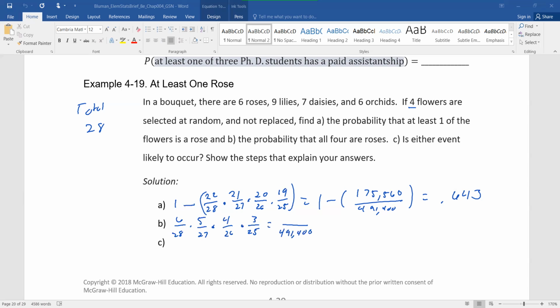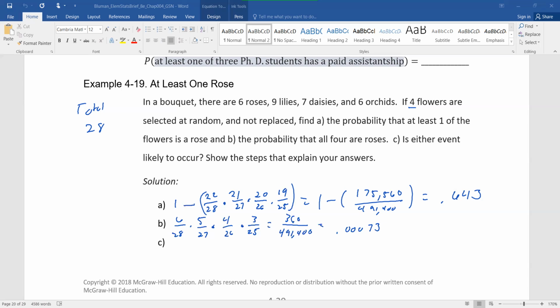So now I just got to figure out what 6 times 5 times 4 times 3 is. That's like a 6 factorial minus 2 factorial. So that's 40, so 0.00073. So you basically have a 0.073% chance of all four of them being roses.